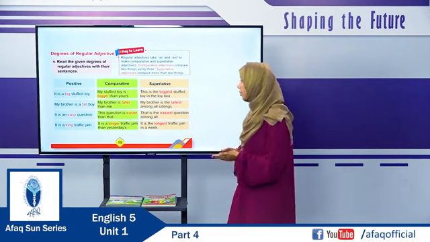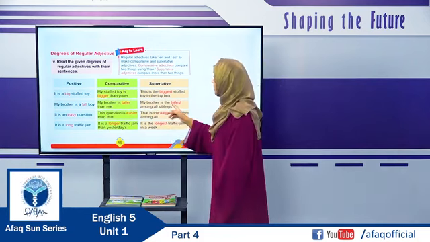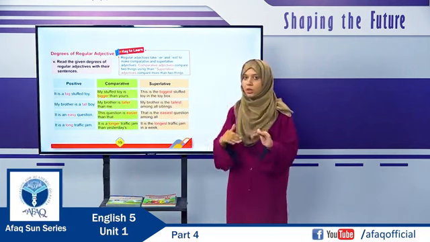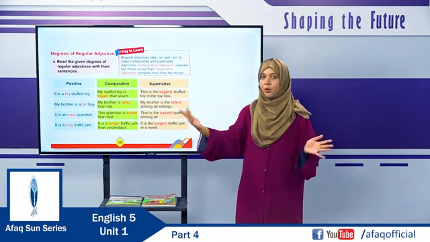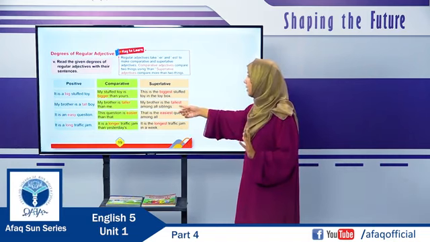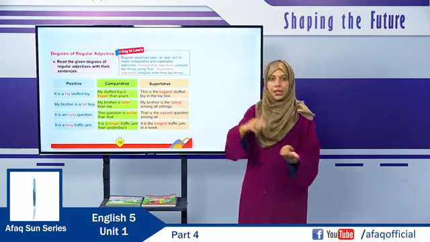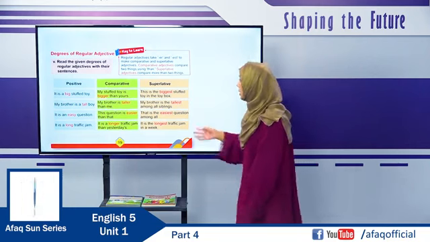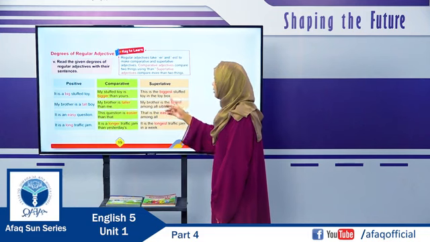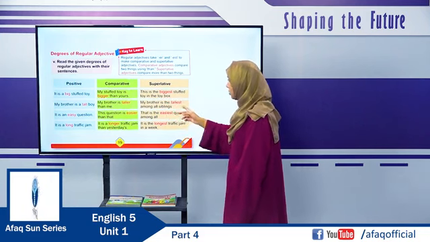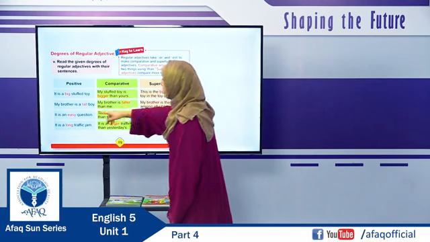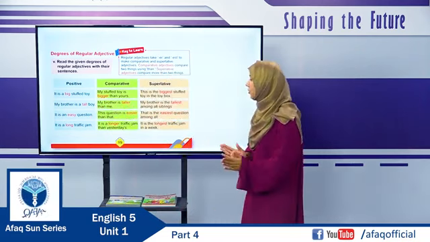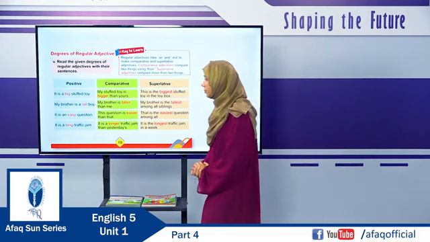So two people are being compared here. My brother is the tallest among all siblings. So there are more than two siblings, maybe 3 or 4 or 5, and the brother is the tallest. He is the tallest among all of them. Therefore, here the superlative degree tallest has been used. The adjective tall takes ER and EST to make different degrees of adjective.